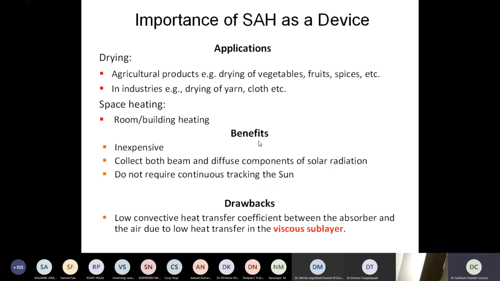They use hot air for preserving these items and increasing their shelf life, right? Many of their devices use this hot air. So for them this solar air heater can be a very valuable device.